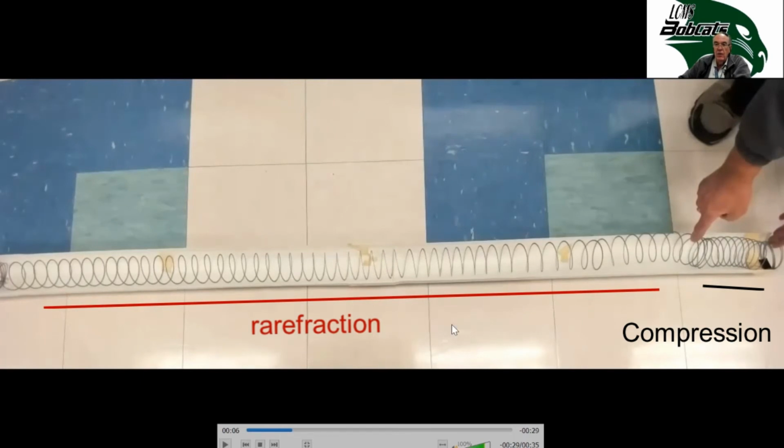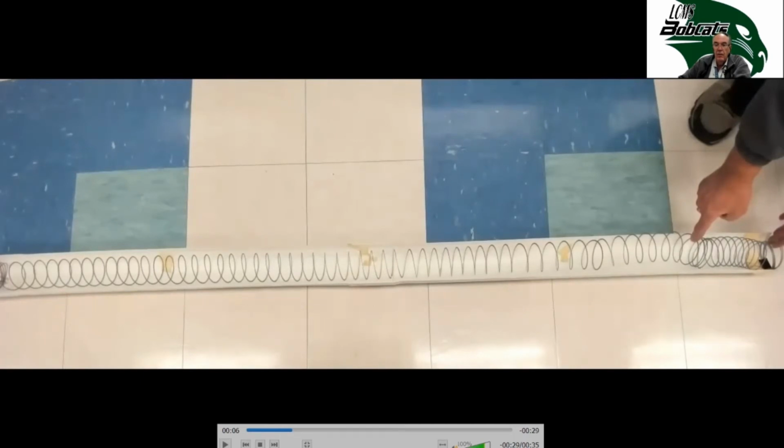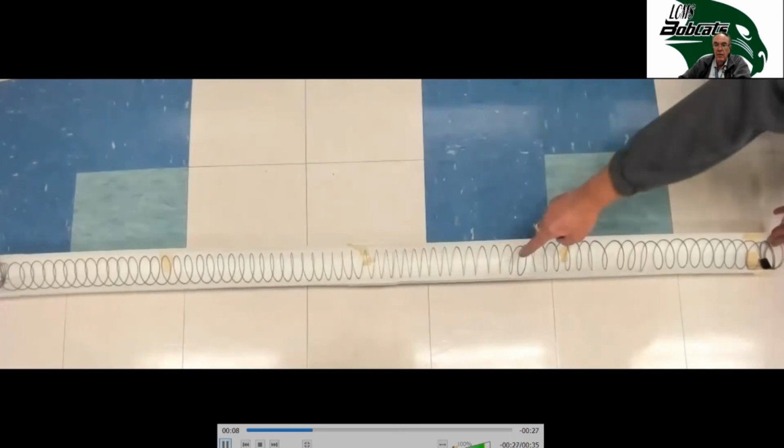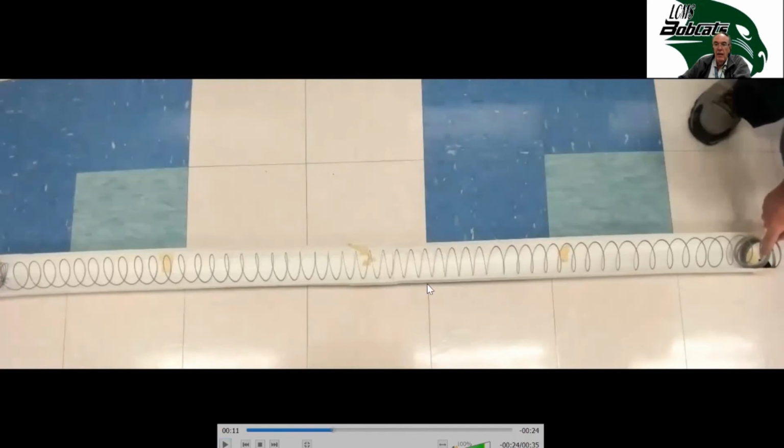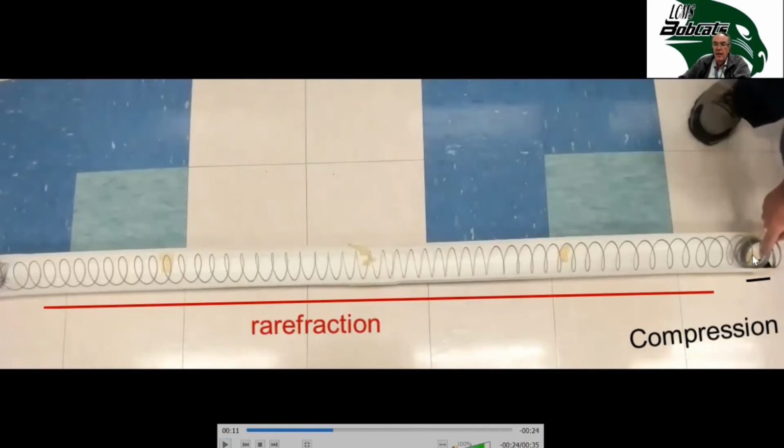So as we said in the notes, this should have smaller amplitude. Now notice in this case, the compression is very tight and the rarefactions are loose. So there's a big difference between the compression and the rarefaction. We said amplitude of a compression wave depends on the difference between the two. So in this case, these are very tight compressions and loose rarefactions.